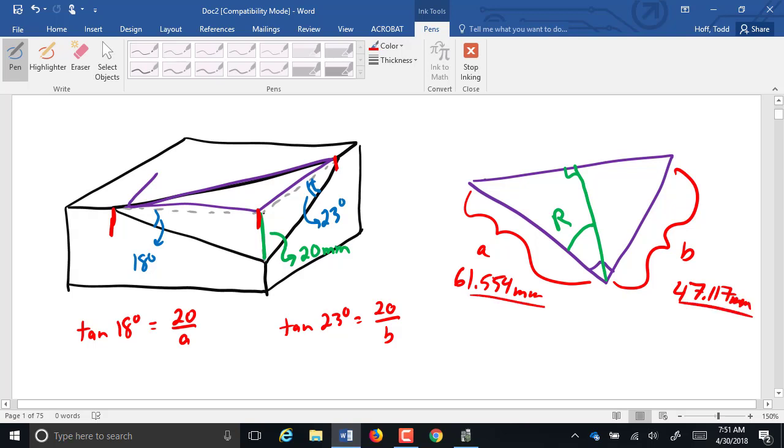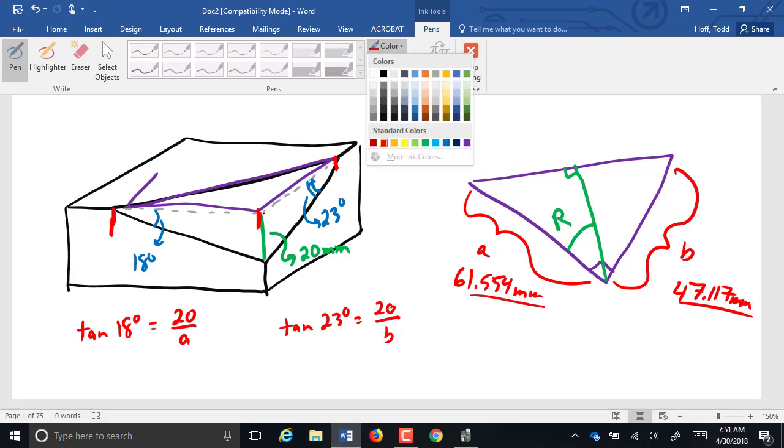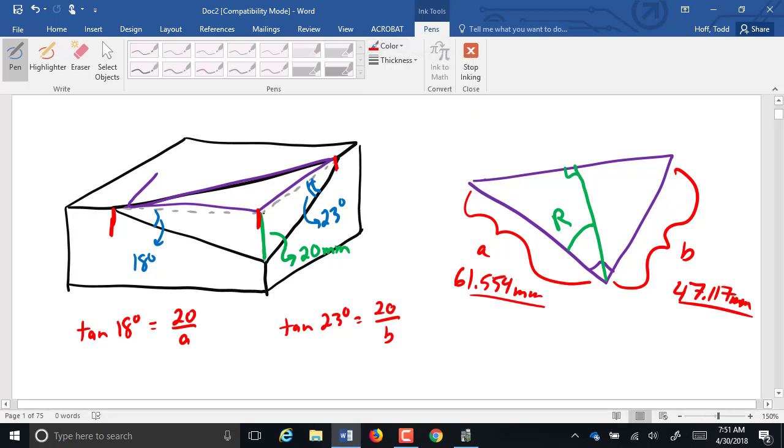So now that we have those two dimensions, what would be our next step? Find angle D there, right? If I find angle D, how am I going to find D? Inverse tangent of, what's the opposite side? 47.117.